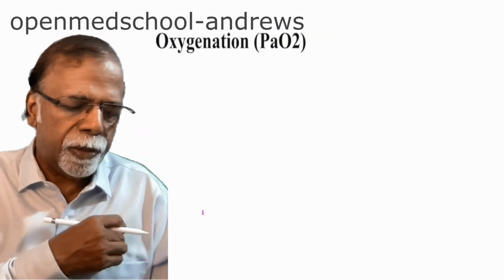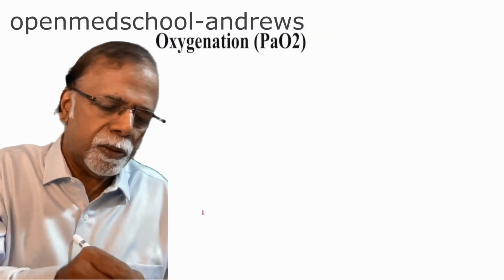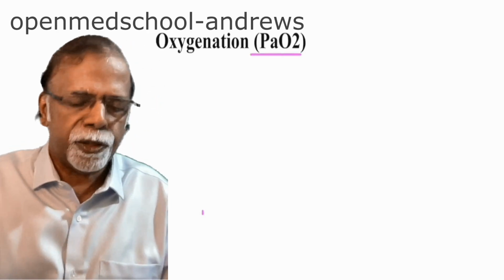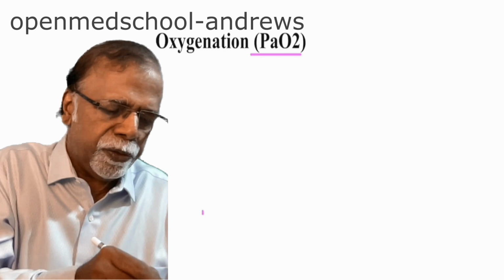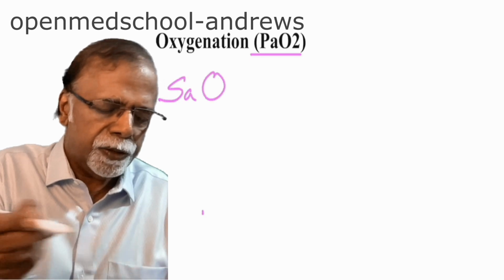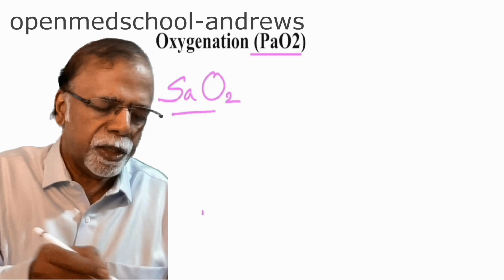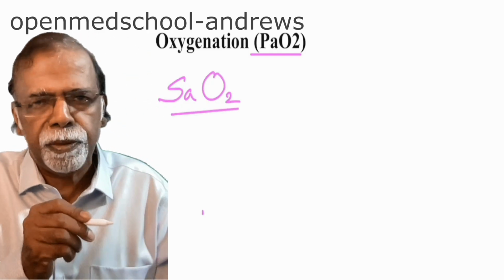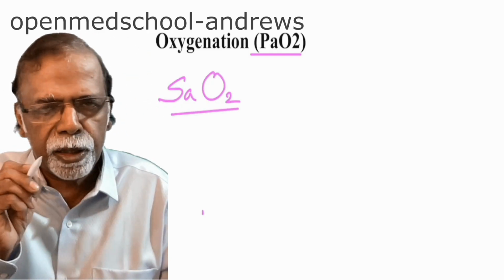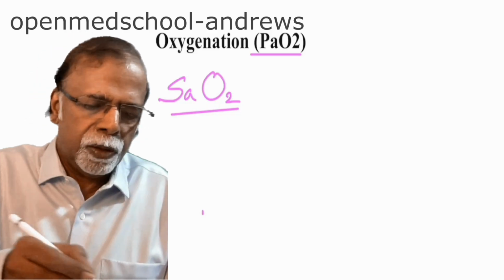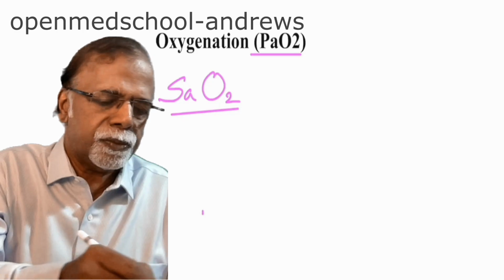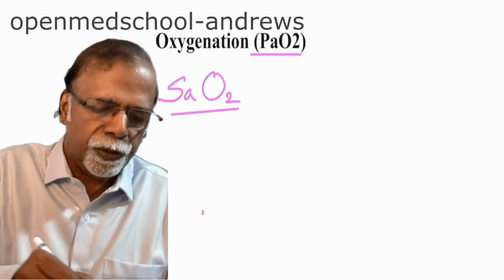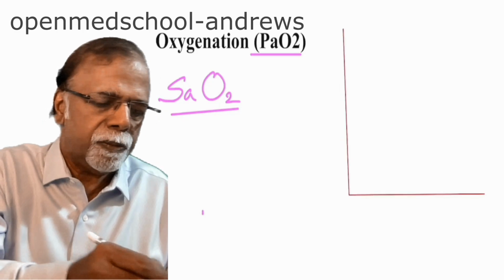So oxygenation, as I already mentioned, the PaO₂ is the most important measure. The SaO₂ is the saturation of oxygen calculated from the PaO₂. So remember, it is a calculated value. You should remember the oxygen dissociation curve, which is a sigmoid shaped curve.